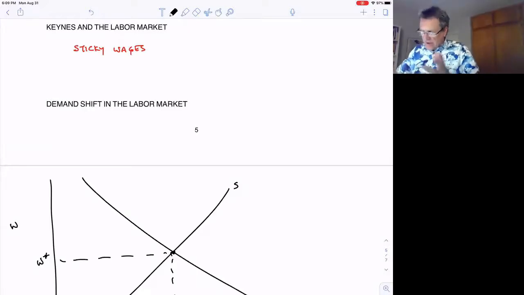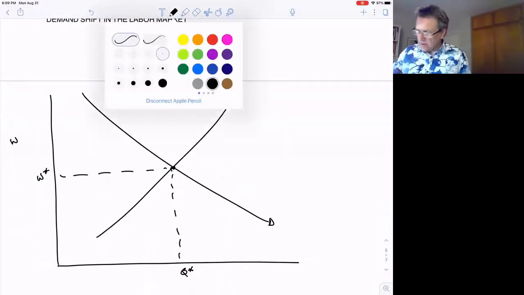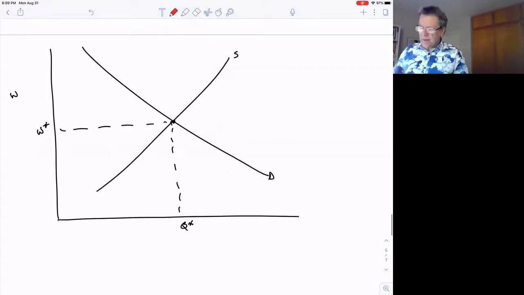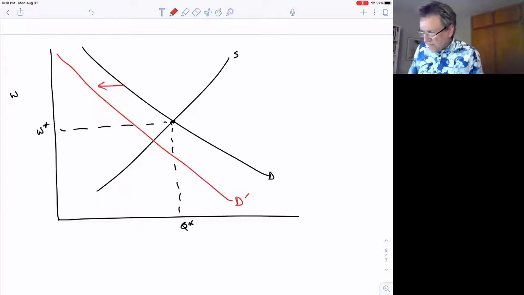To show you how this would work, suppose there is a demand shift to the left in the labor market. Maybe employers can't sell their goods. There's a recession going on. Their demand for labor decreases. So we can show that as a shift to the left of the demand for labor by employers.